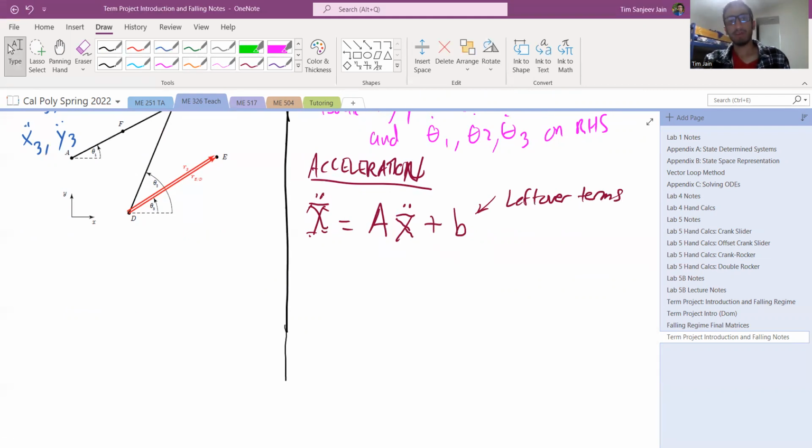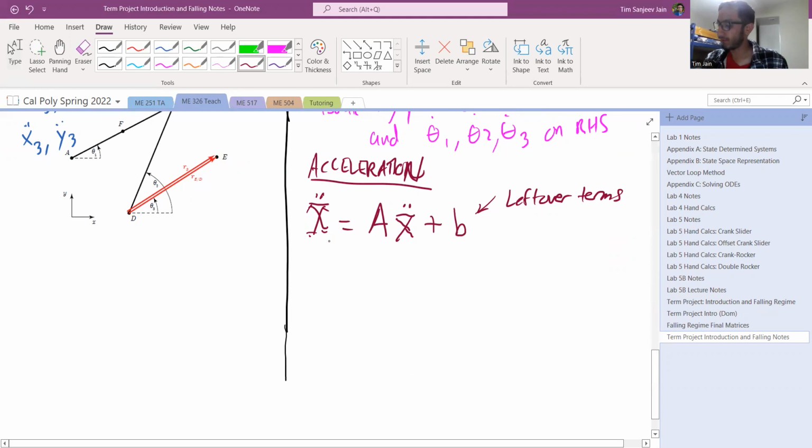So with this, it's going to be the same vector size. This is a 9 by 1. This is going to be a 9 by 3 times a 3 by 1, and the B matrix is going to be a 9 by 1.